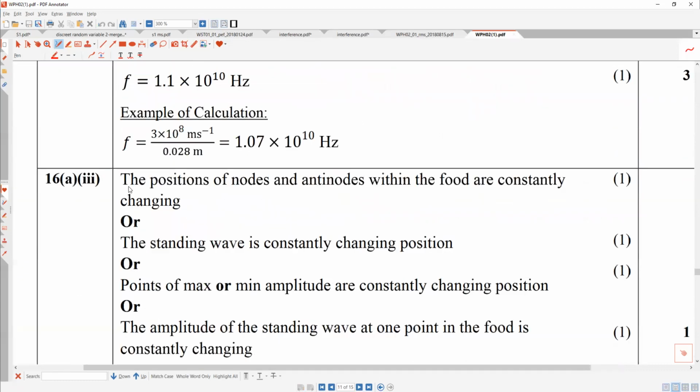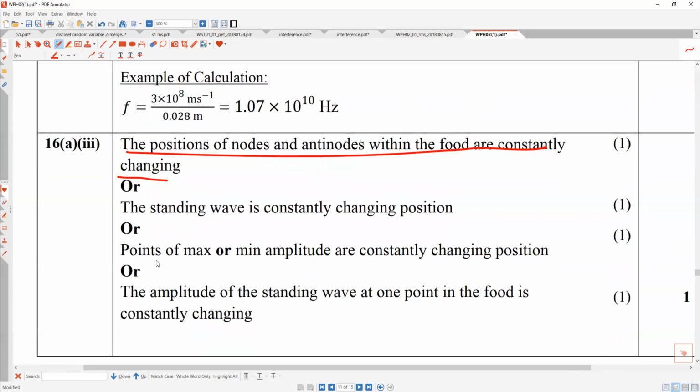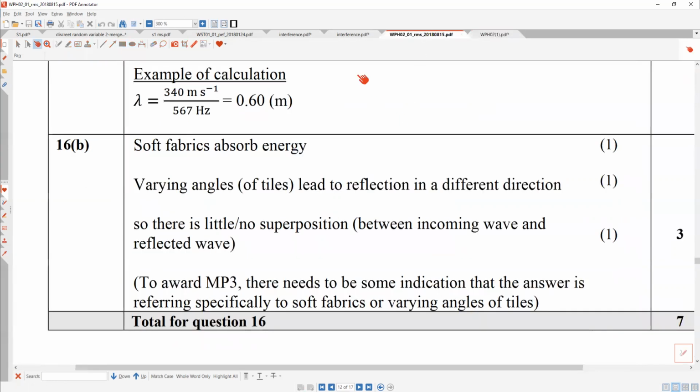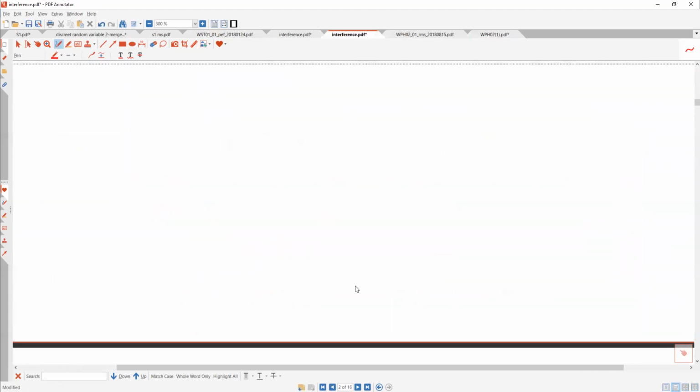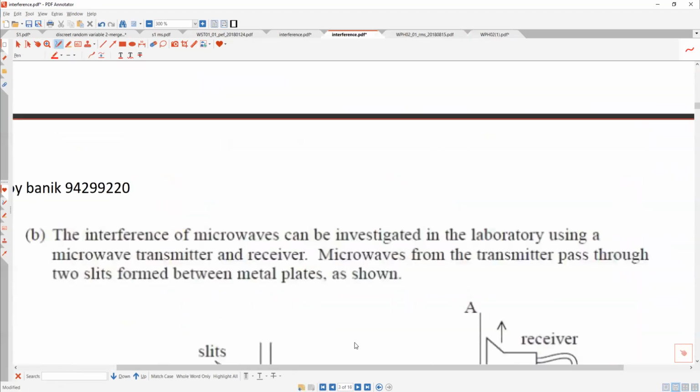The position of the nodes and antinodes within the food is constantly changing. One mark only. Or the standing wave is constantly changing position. Any one of these, or the way I said, if you write it you will still get marks. Okay, let's see the interference now.